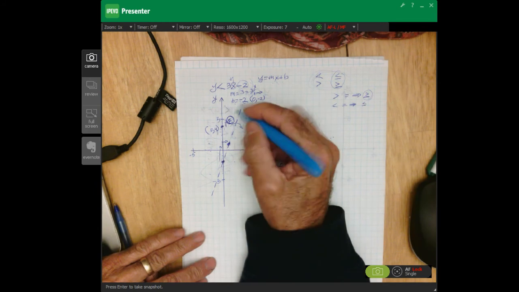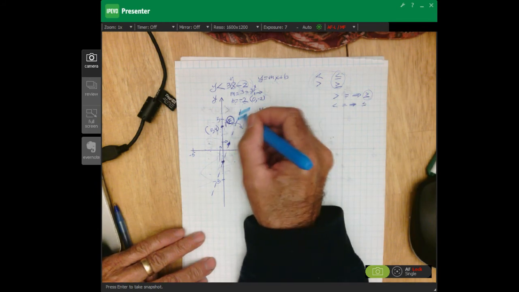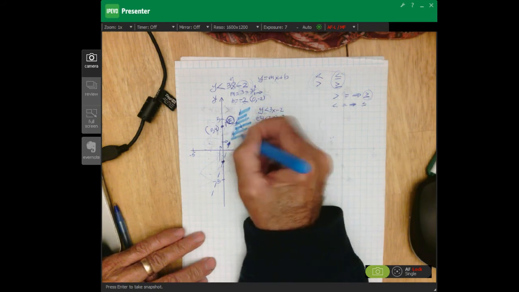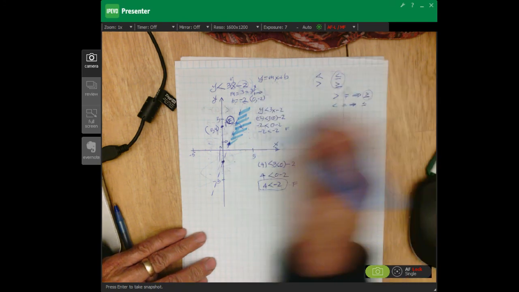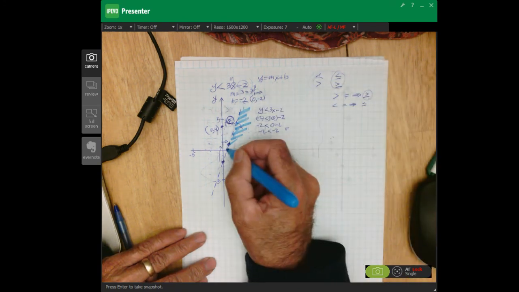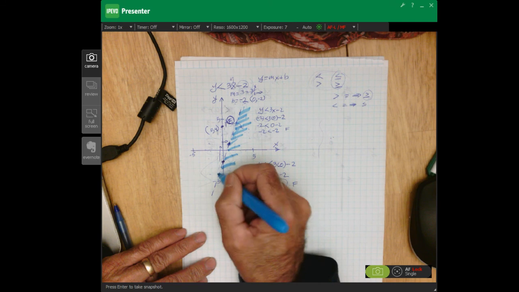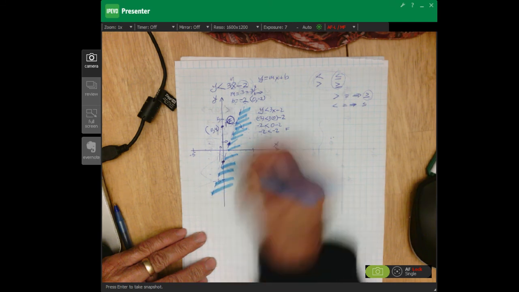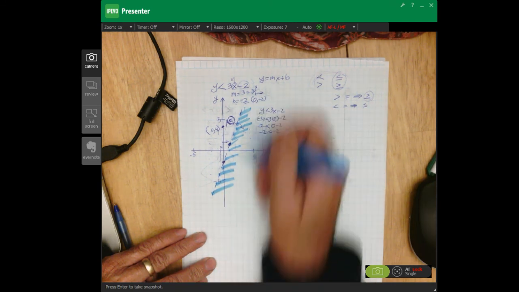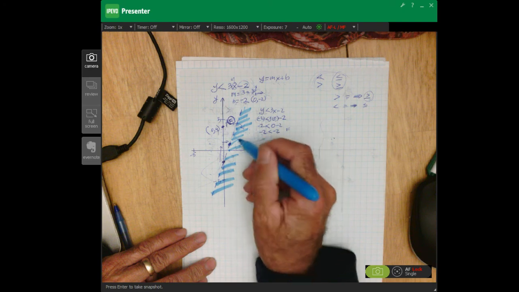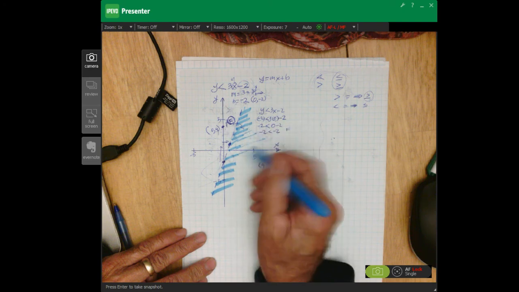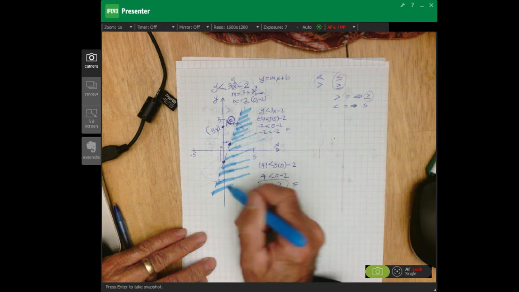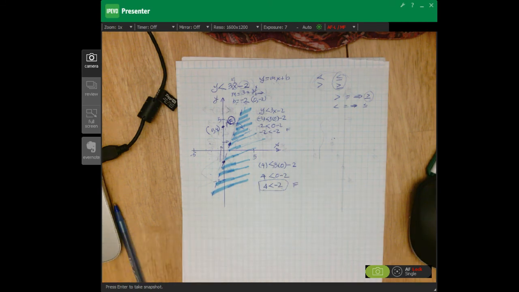So we should be able to just shade it. You don't have to shade everything, but you should shade along the line and shade back. Sometimes you might want to shade further, and that's how you shade it.